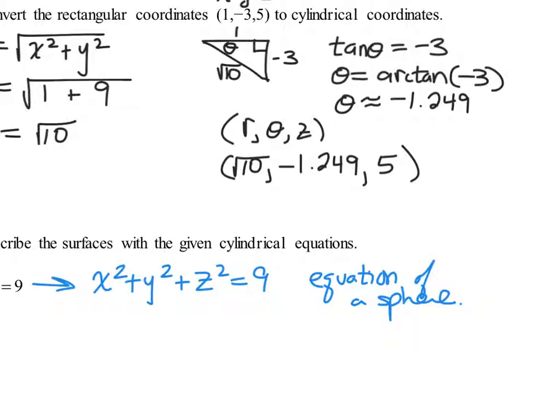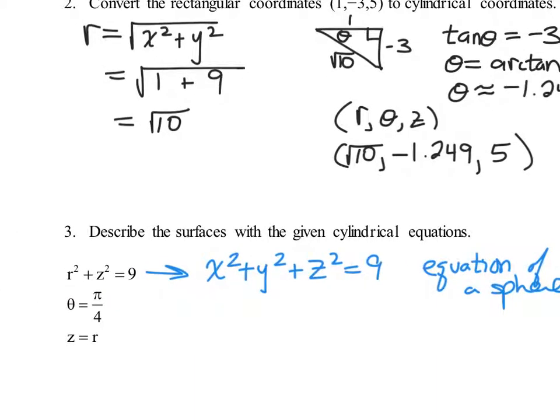In the case of the second one, it doesn't really look like it's anything that can be changed overly, but if we know that theta, again, we could draw a diagram if we want, but the idea was that theta could be represented as the arctangent of the y value divided by the x value. Right? So I can make that adjustment.